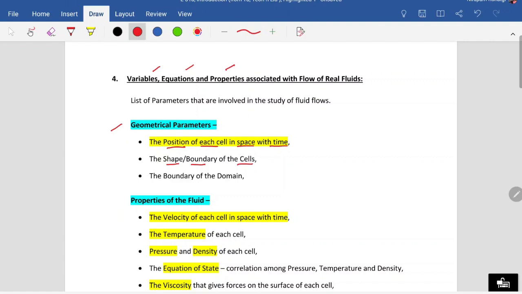Only then will we be able to define the space of the cell, what part of the domain is included in the cell. Then we have to define the boundary of the domain. All three things are required just to know the geometry of our domain.